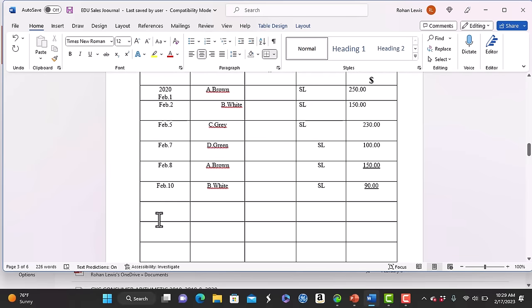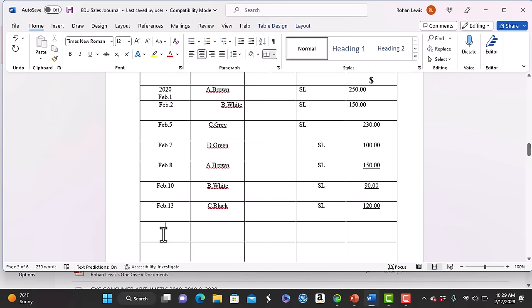On February 13, name of the customer, C. Black. Folio, sales ledger, and the amount being $120.